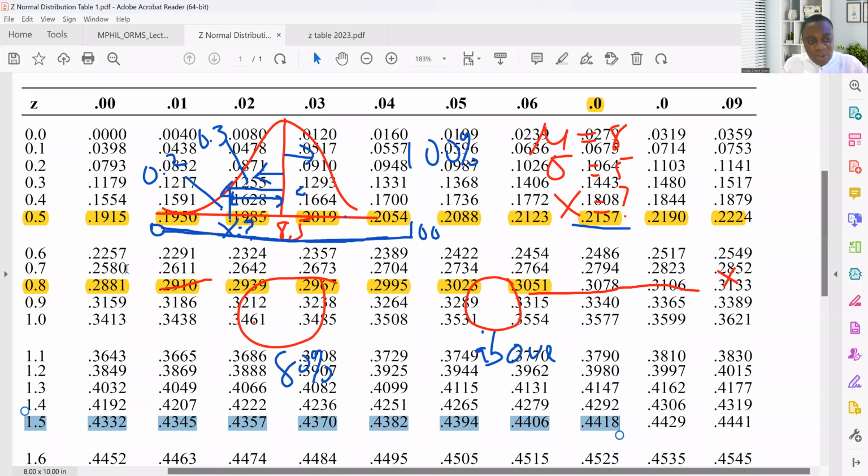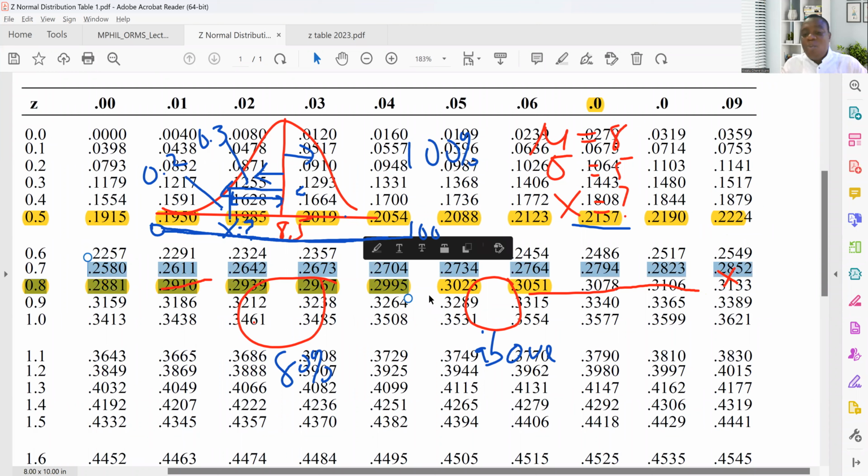You can see 0.25 is here, so you've got to go down to 0.3. When you take your time and look at this probability, you will see that they have been organized in ascending order from 0 going upward. So 0.3 is somewhere, but you might not get exactly 0.3. You will sometimes get two numbers, but you will have to take the one closest to 0.3.